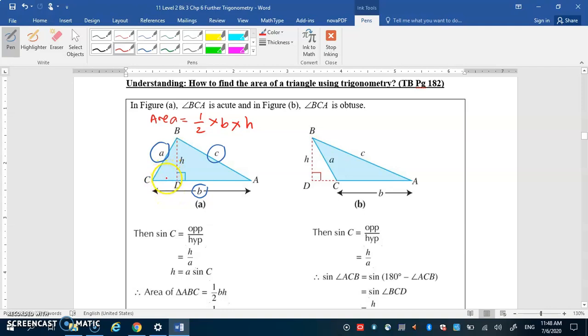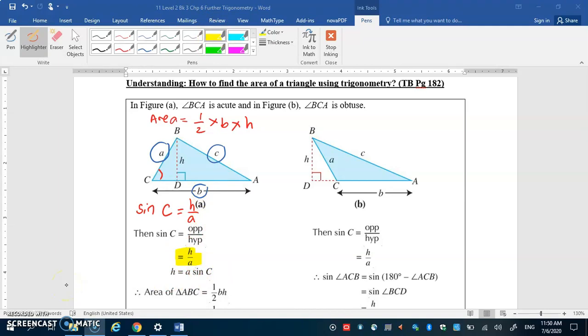So, let's say I want to express H in terms of that. I'm looking at angle C over here. Okay. So, if I look at this angle over here, sine of angle C is basically equals to opposite over hypotenuse. Okay, so opposite over hypotenuse is just H over A. Sine C is equals to H over A.